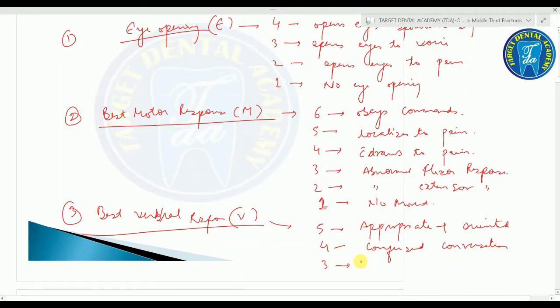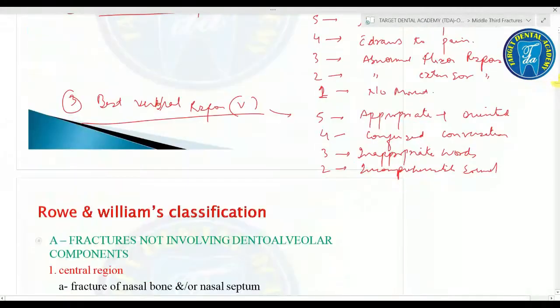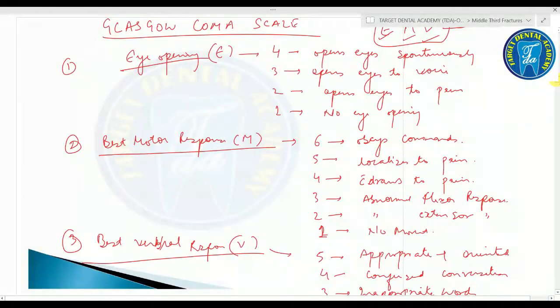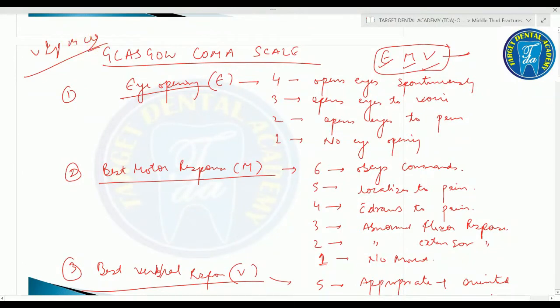Third is inappropriate words. Second is incomprehensible sounds. And scale number 1 stands for when there is no sound. Fine, please go through it once. It is very important for your MCQ. Please note it down.